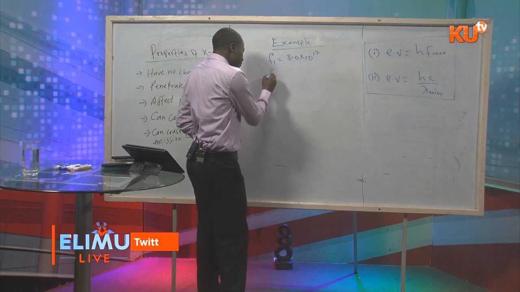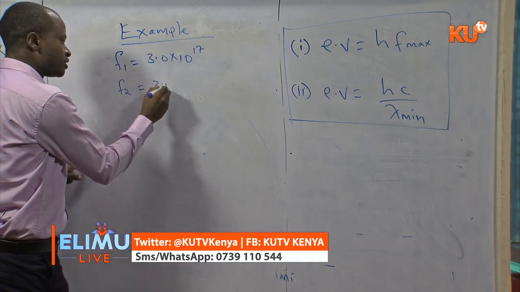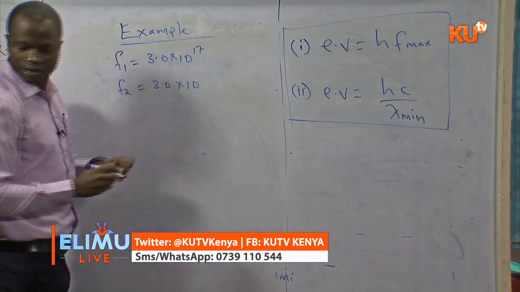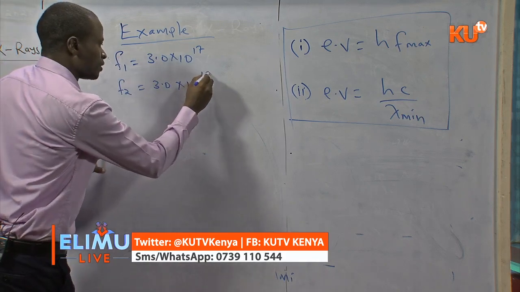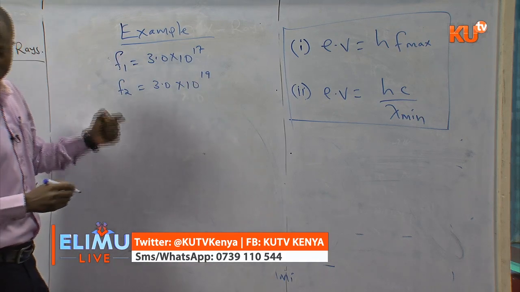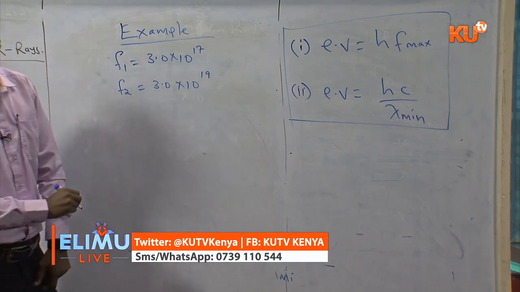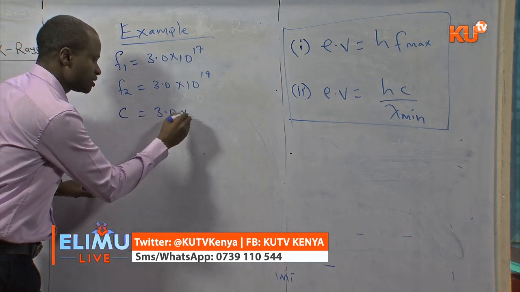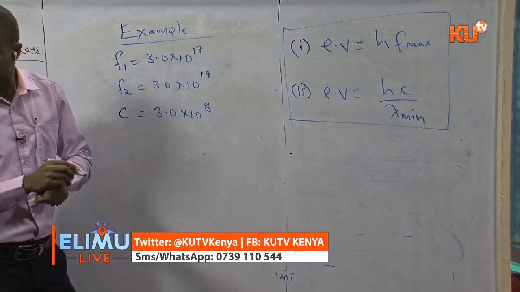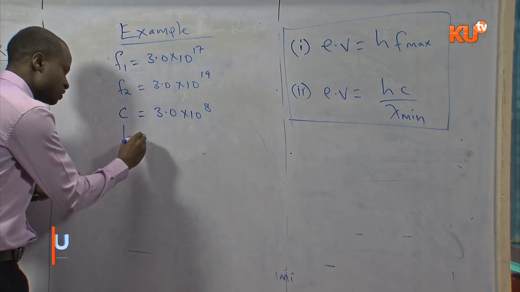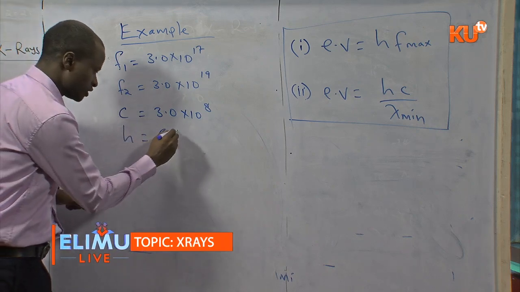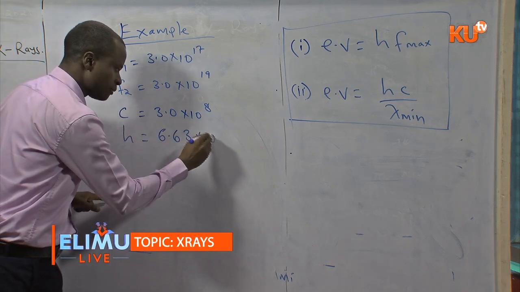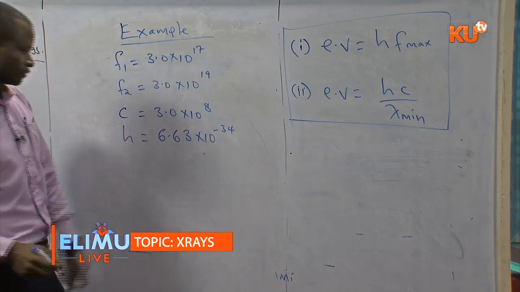Then we have F2 as 3.0 times 10 power 19. What else do we have? We are putting down our menu. So what do we have before we prepare our meal? C equals 3.0 times 10 power 8. Then lastly, H, Planck's constant, is 6.63 times 10 power negative 34.